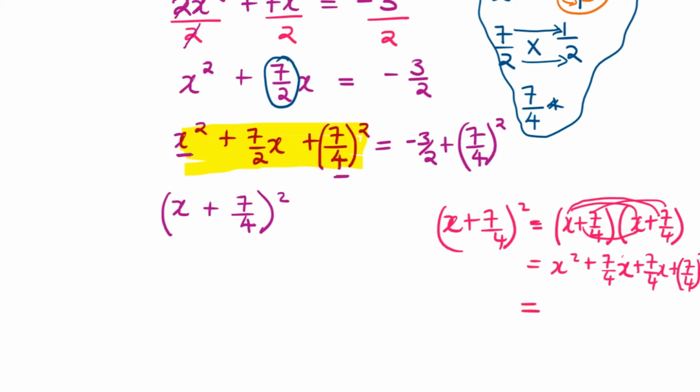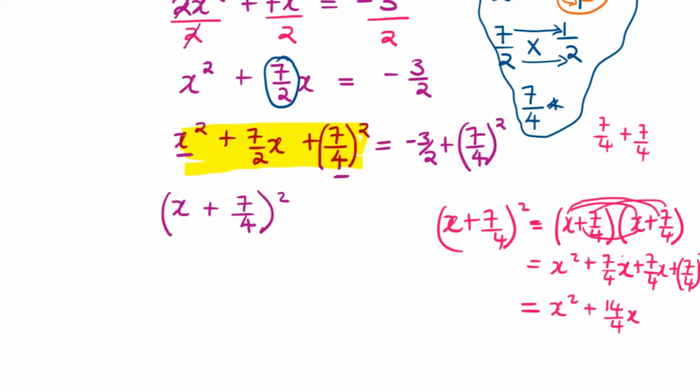Then this will be equal to x squared. When we add 7 over 4 plus 7 over 4, it will give us 14 over 4 x, because we are saying 7 over 4 plus 7 over 4.